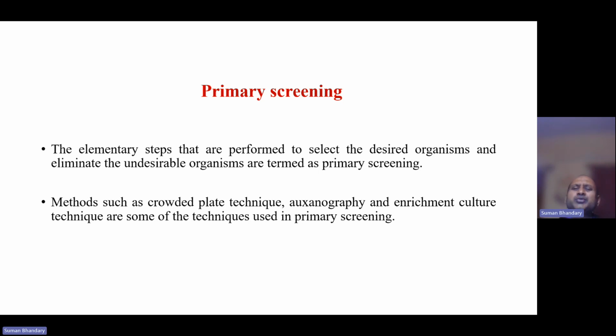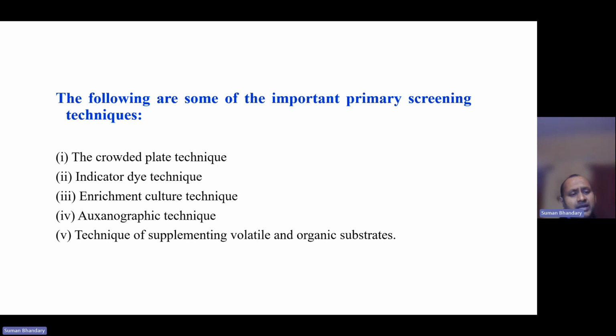There are several techniques we use in this primary screening approach, which includes crowded plate technique, auxanography, enrichment culture technique, etc. Now, here we can say that the crowded plate technique, indicator dye technique, enrichment culture technique, auxanographic technique, and techniques of supplementary volatile and organic substrates.